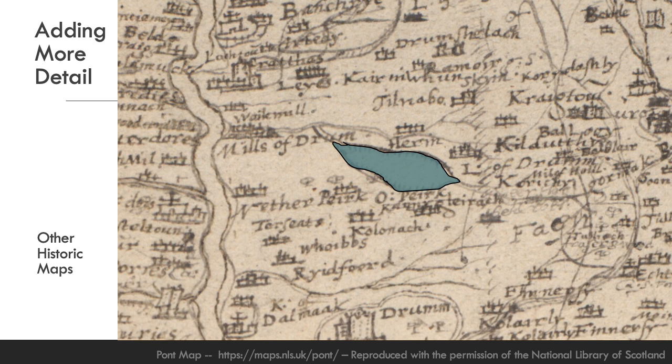The Royal Military Survey of Scotland was also susceptible to this, although it was sort of at the beginning of scientific survey, and some of the lochs depicted and other features depicted on the Royal Military Survey of Scotland are pretty accurately mapped geometrically. If we want to actually start to plot what these former lochs looked like, we need to add in yet further detail from other sources of data.